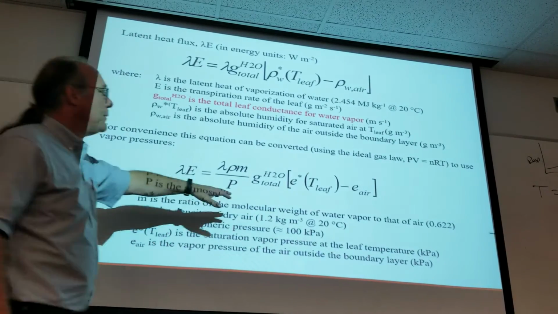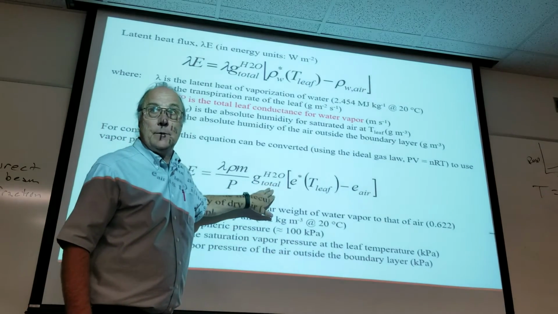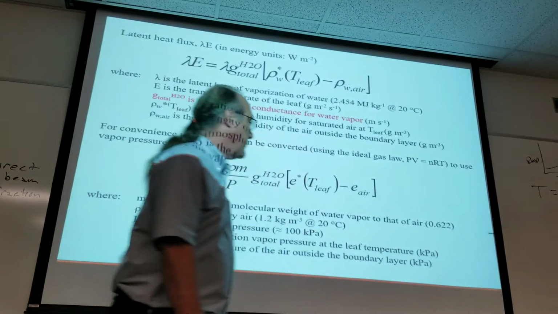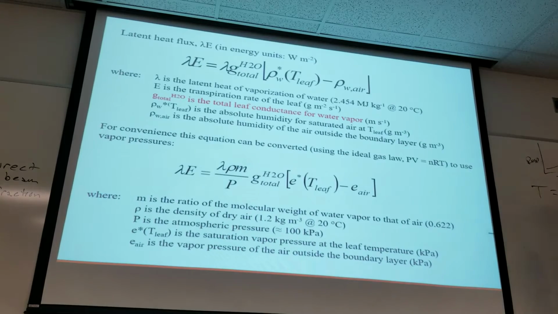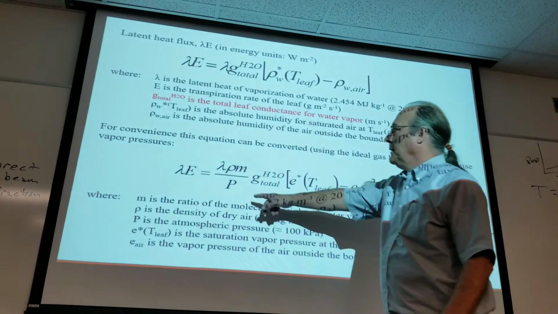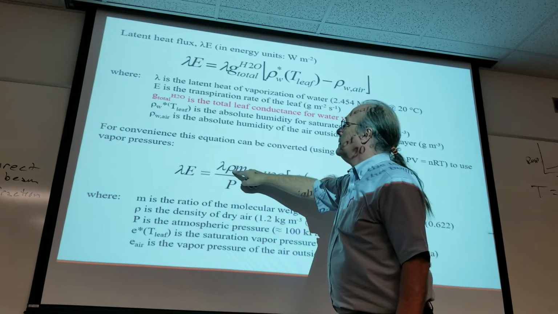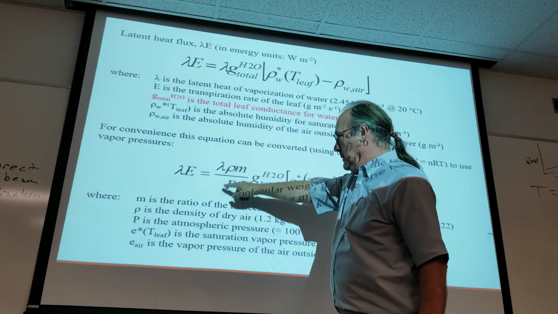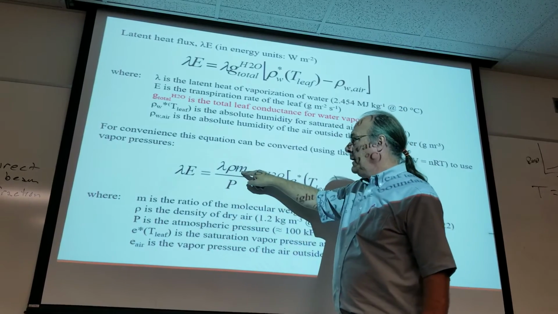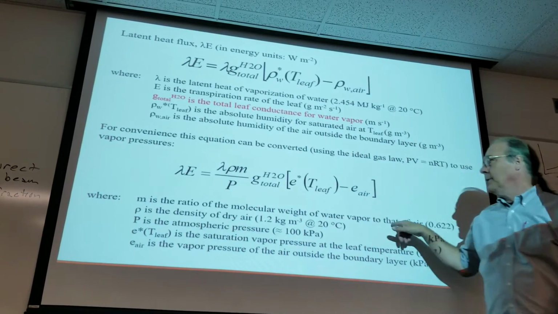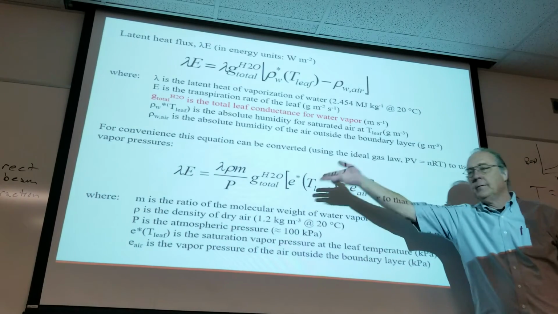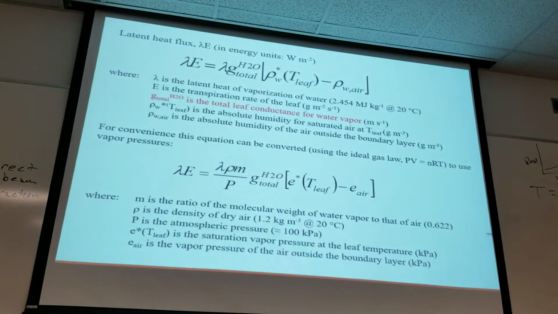But again, the total leaf conductance for water vapor is an important consideration. Lambda is the latent heat of vaporization for water. Rho is the density of dry air. M is the ratio of the molecular weight of water vapor to that of air. And, you know, it's a simple equation.